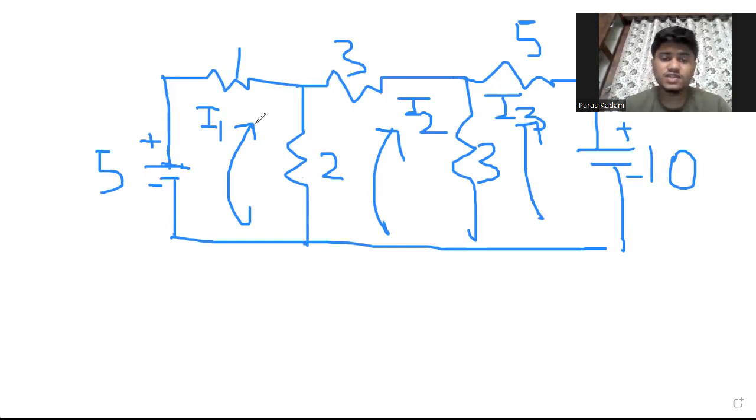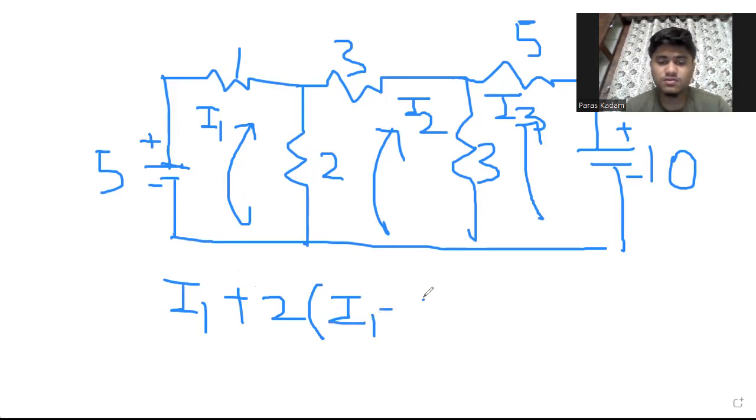We will apply KVL to each and every mesh. First I will apply KVL to the first mesh. So I will write 1 I1, then 2. Now here I1 and I2 both are flowing through the 2 ohm resistor, but I am considering the first mesh, so I will write I1 minus I2 is equal to, current is flowing from negative to positive, so I will write 5.